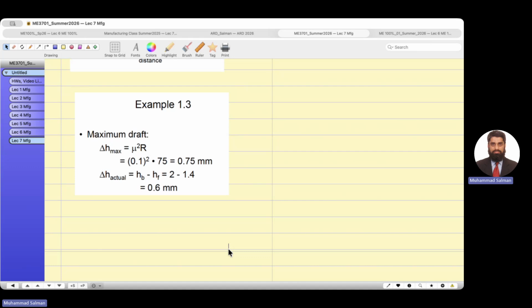It's a good start that it tells you how much final thickness can be achieved. If it is 2 initial thickness minus 0.75, that is 1.25. You can achieve this much thickness with this coefficient of friction, but we are reducing to 1.4. So we are still inside the window of that thickness range. You see my point? So that's a good check.